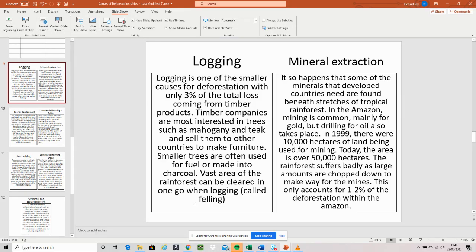There are answers, though, to wholesale logging, so clearing whole areas. One of the things that we look at in this week's 2-week pack of work is selective logging. So instead of clearing all the trees in an area, the process that we've referred to as felling, the loggers go in and they only cut down the highest value trees, so the tallest ones.